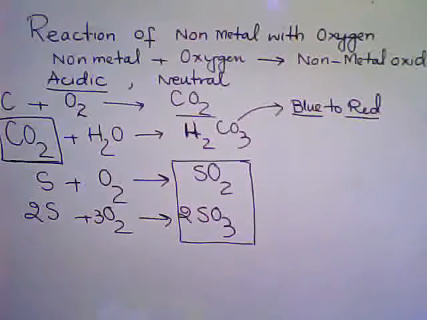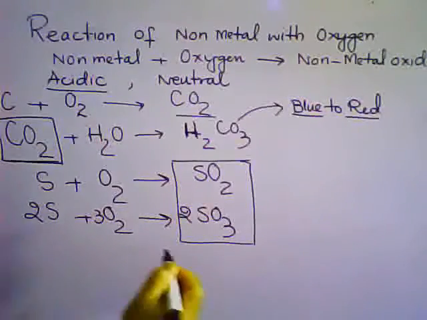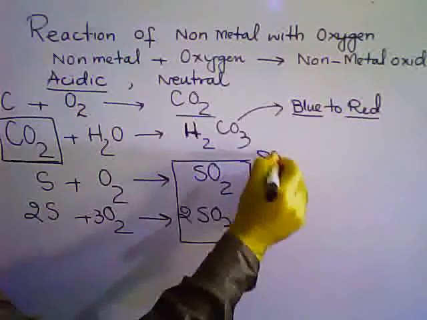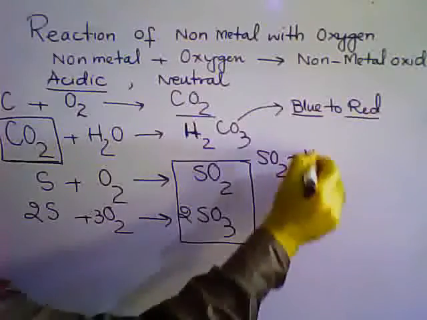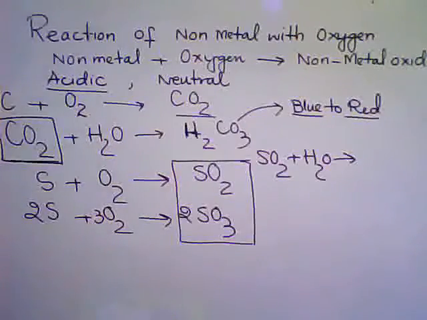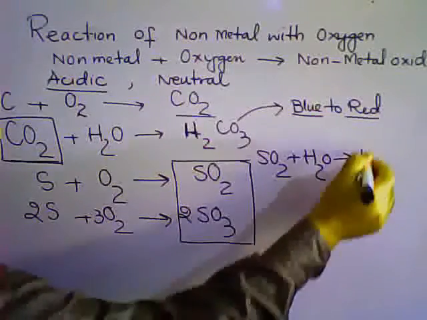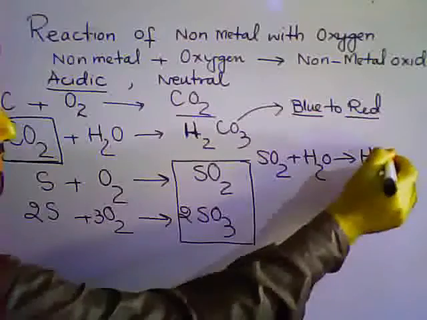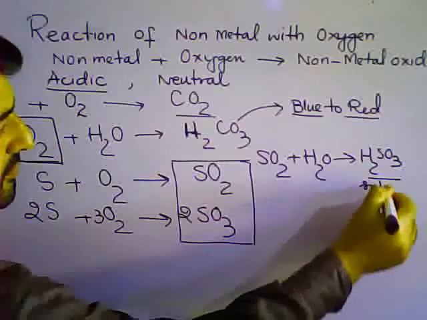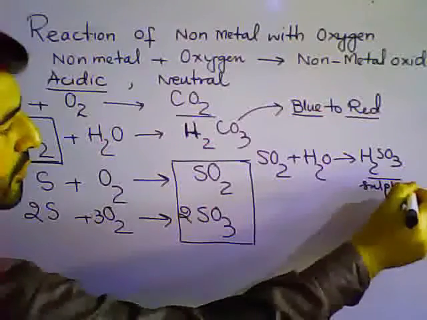So when we dissolve them in water, what will be the product formed? Simply if we dissolve SO2 in water, the product formed will be an acid that is known as sulfurous acid. So we have sulfurous acid, that is H2SO3. Now this is sulfurous acid.